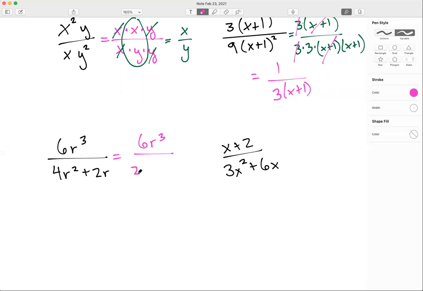So I'm going to take out a 2 and an r. And then what happens when I divide this guy by 2r? Well, it becomes 2r. And then this just becomes a 1. 2r divided by 2r is 1. So now what I've done is I've factored something out.